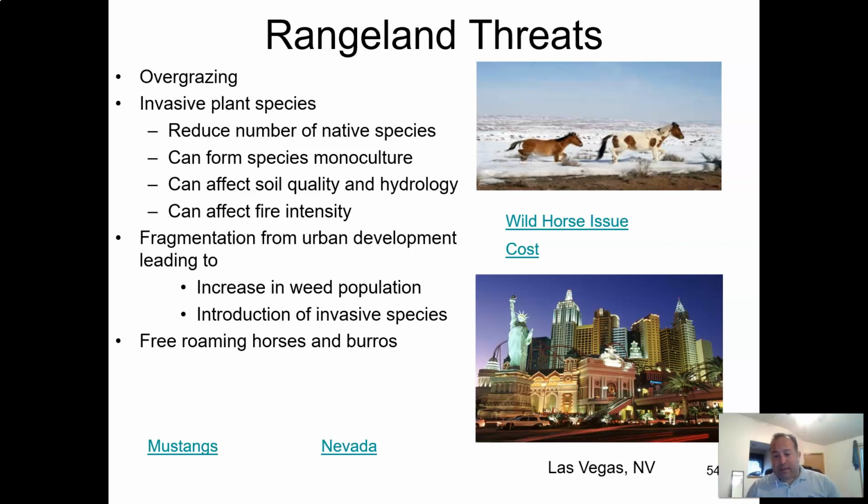I have a picture of Las Vegas in here because another problem with rangelands is the idea of fragmentation from urban development. You get an increase in weeds and an increase in invasive species because you've got people coming from all around in different places, and that's how you end up with an introduction of invasive species.